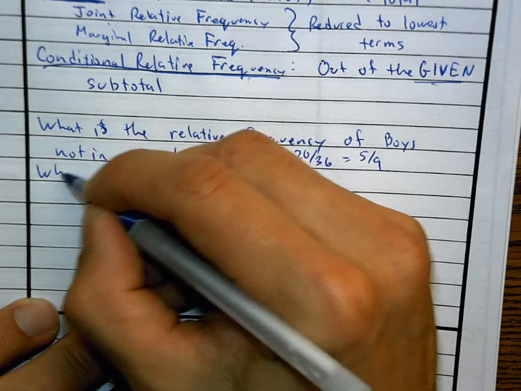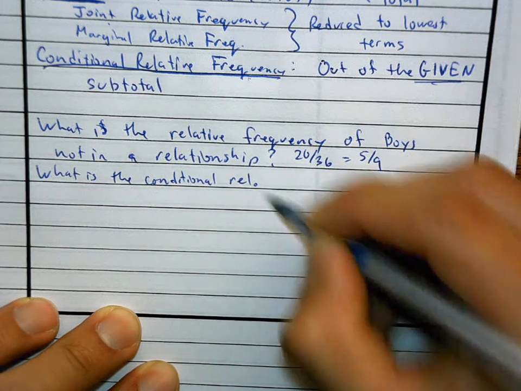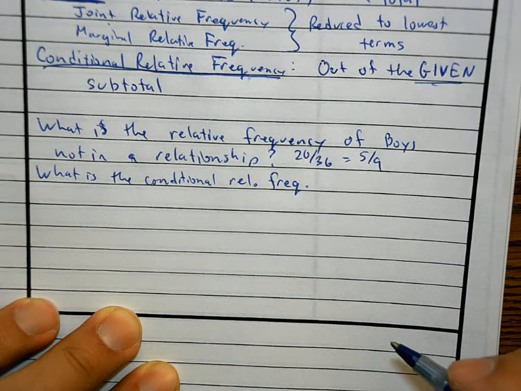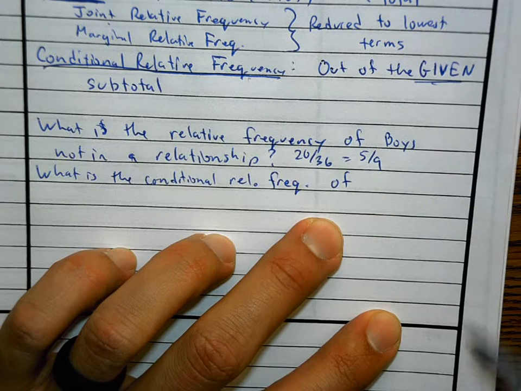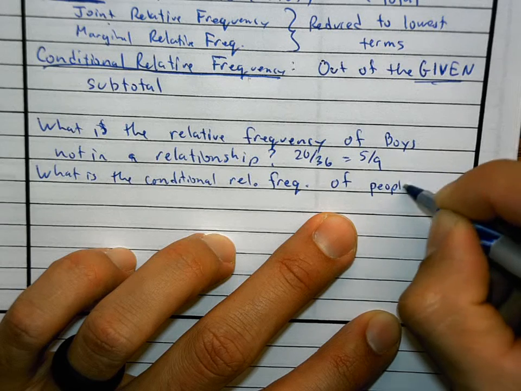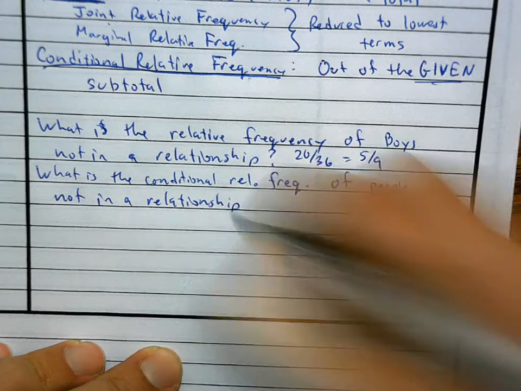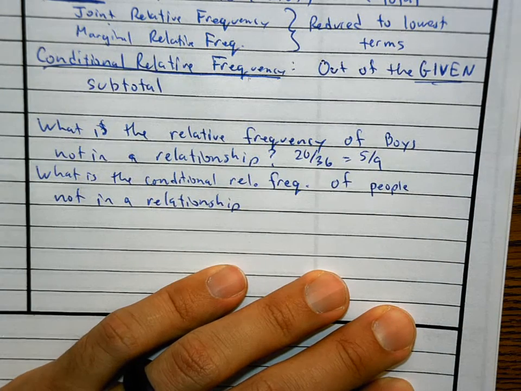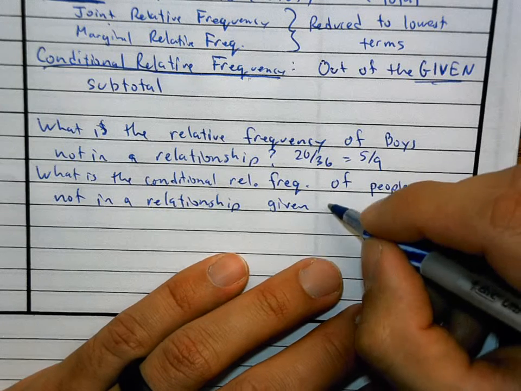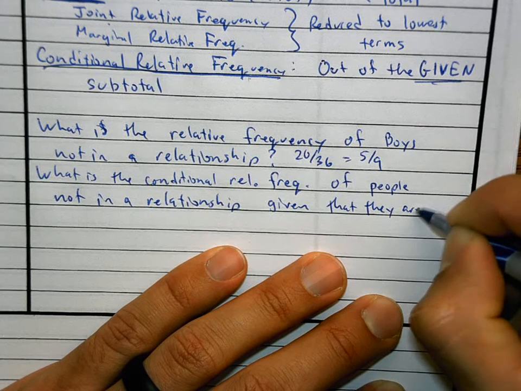What is the conditional relative frequency, I'm going to abbreviate, of people not in a relationship given that they are boys?